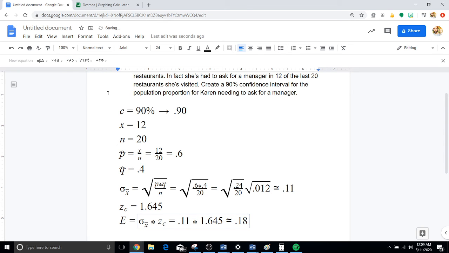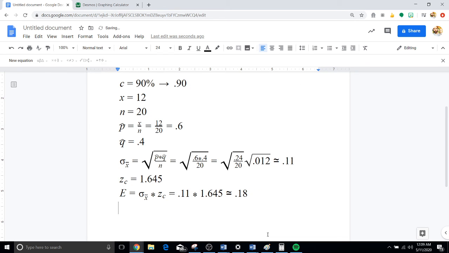All right, last thing we have to do is take this 0.18 and both add it and subtract it to our p hat. So 0.6 plus 0.18, 0.6 minus 0.18. 0.6 plus 0.18 is going to be equal to 0.78.